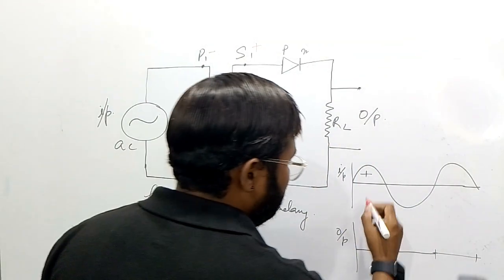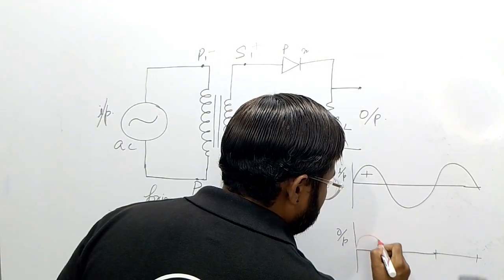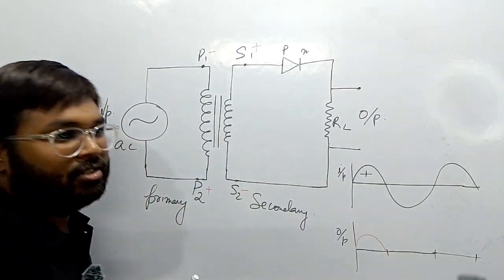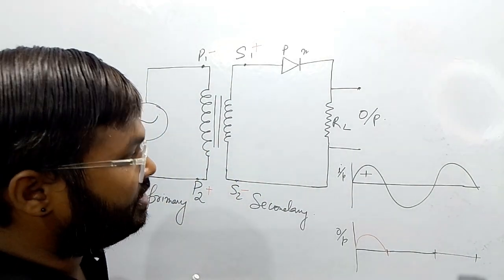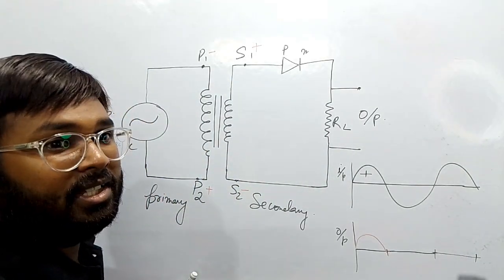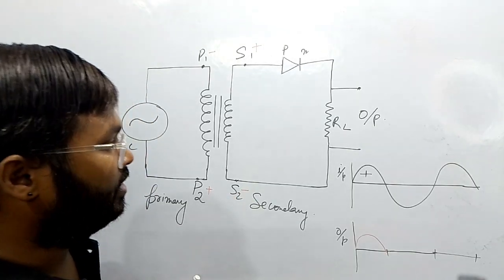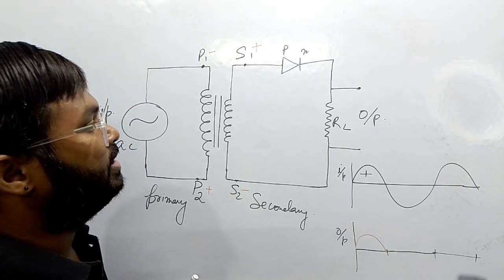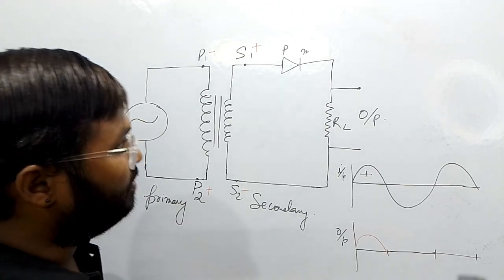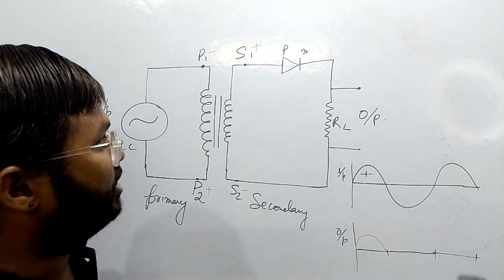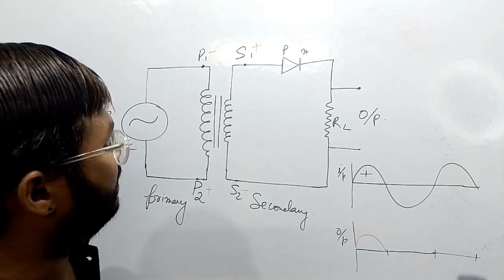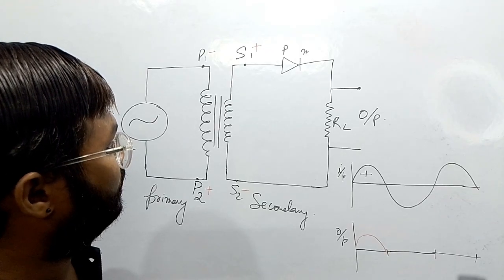So we can denote this cycle as this. Look, DC is not constant. DC also varies, but the difference is that DC only travels in one direction. AC changes its direction, but DC does not change its direction. Clear? Okay.